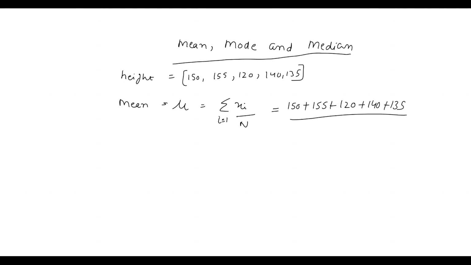This is x1, x2, x3, x4, x5, all your data points. Whatever value comes up is called the average.